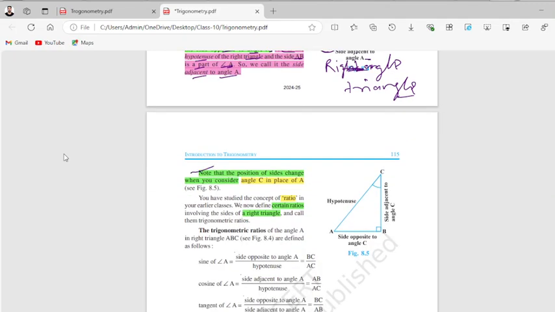Note that the position of the sides changes when you consider angle C in place of A. Suppose you take this angle. The hypotenuse will be the same, but this side will be the perpendicular, opposite to the vertex C, and this will be the adjacent side, or base.